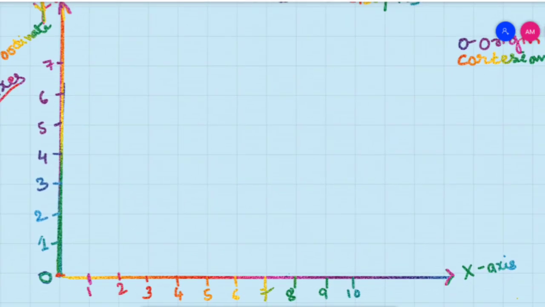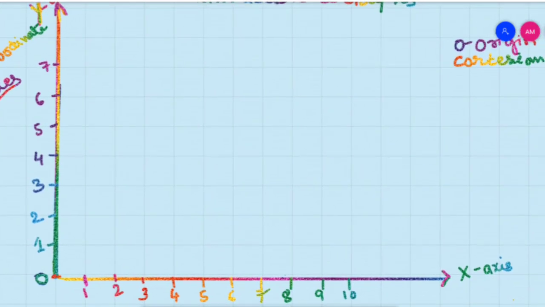Now see children, once you write down these points 0, 1, 2, 3, 4, 5, 6, 7, 8, 9, 10 of x-axis and again the same thing on y-axis, you can easily plot any point. Either you can plot the point or you can find the location of the point.